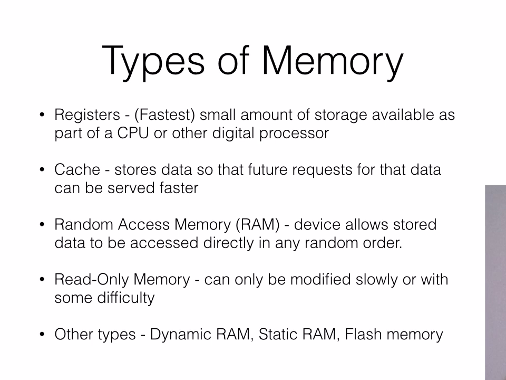Another type of memory, one that's replaceable, for example, in the laptop that I'm recording this presentation on, I can upgrade, is random access memory, or RAM, which are just devices that allow stored data to be accessed directly in any random order. So it's another piece of primary memory that's not within the actual CPU unit.